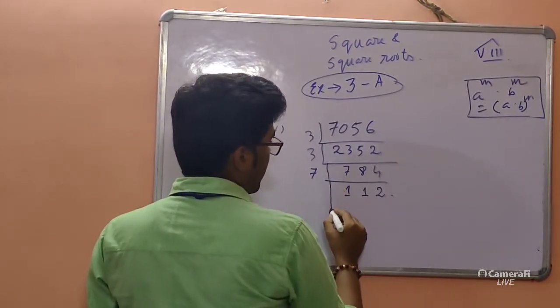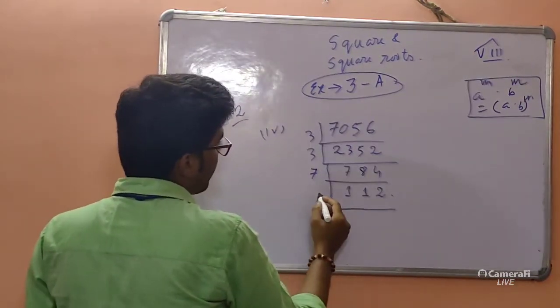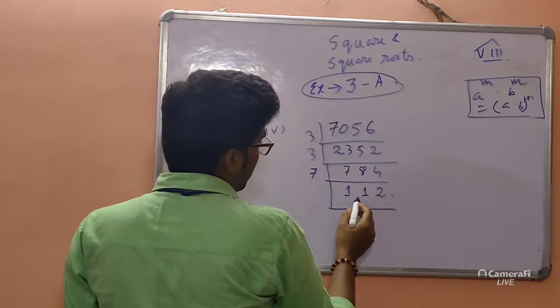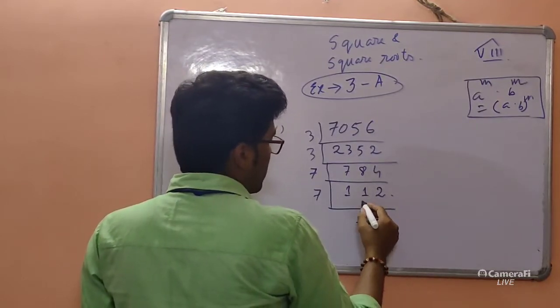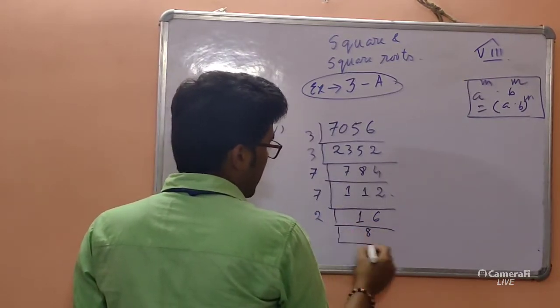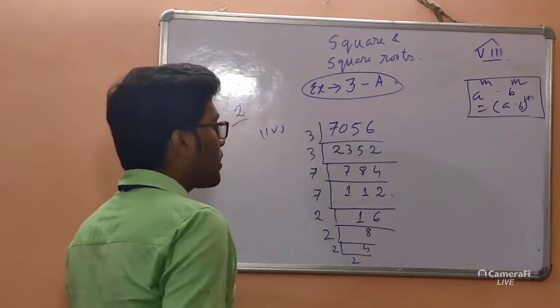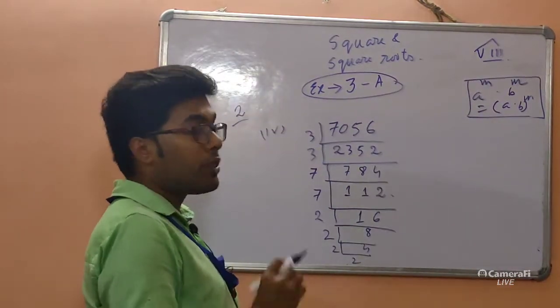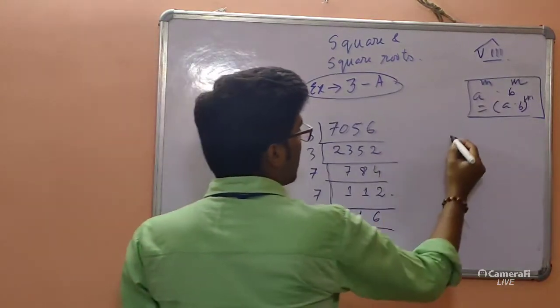It is divisible by 2 then. It is divisible by 7 also. It's clear? Now 2 8s are, and 2 4s are, and 2 2s are. Clear? So you need to think. It will not come right away. You need to think what number it is dividing it.